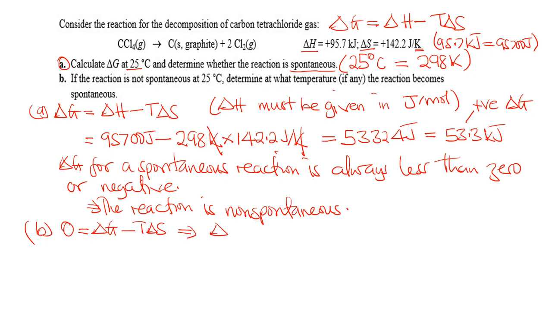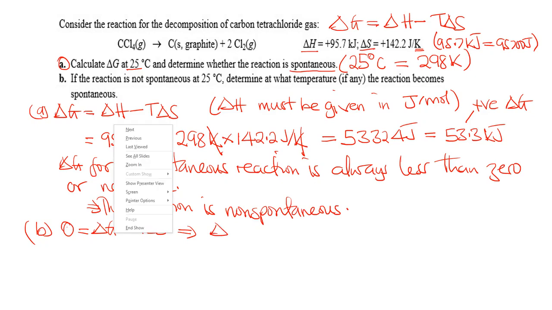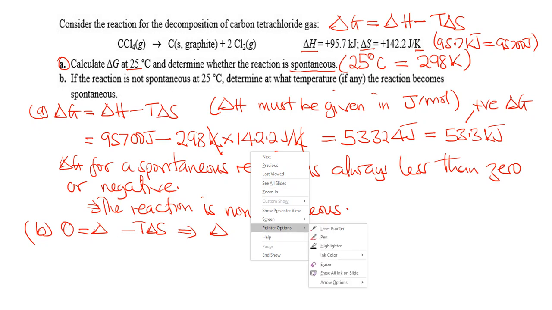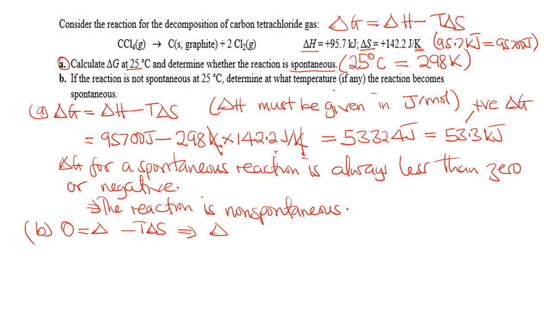Let me make a change here. This one must be delta H. So we say 0, which is delta G, because we know that at equilibrium delta G is equal to 0. So 0 is equal to delta H, which is this one, minus T delta S, which is this one.